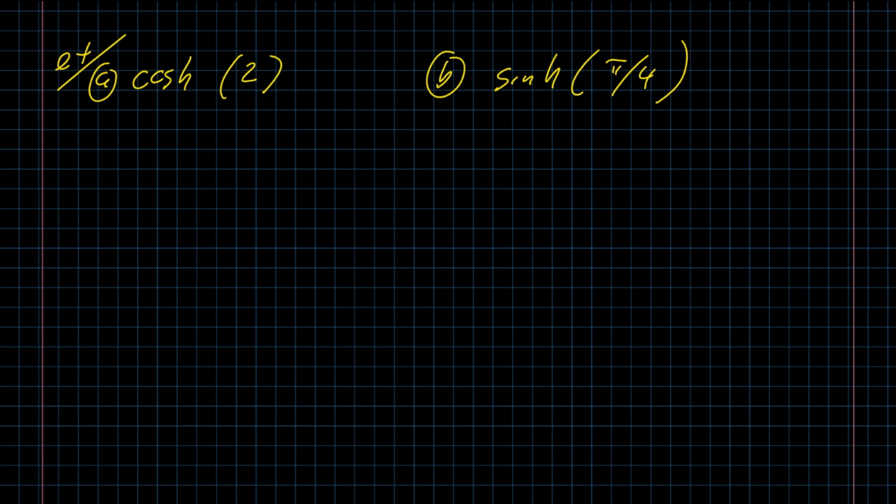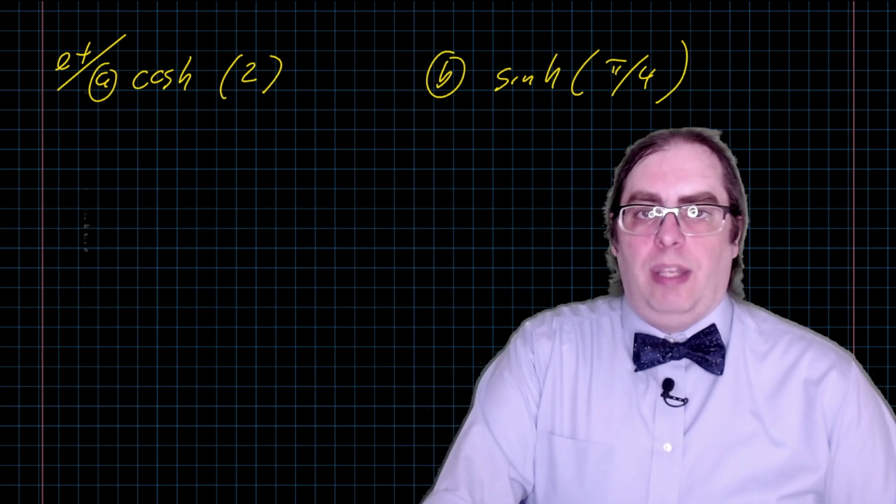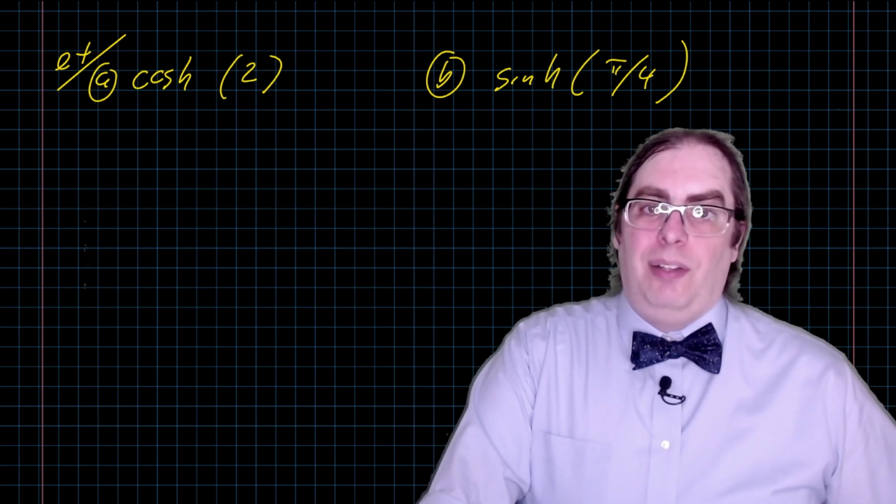How about the cosh of 2 and the hyperbolic sine of pi over 4? Take a couple of minutes, work through those evaluations, make sure that they make sense, and I'll see you in the next video.